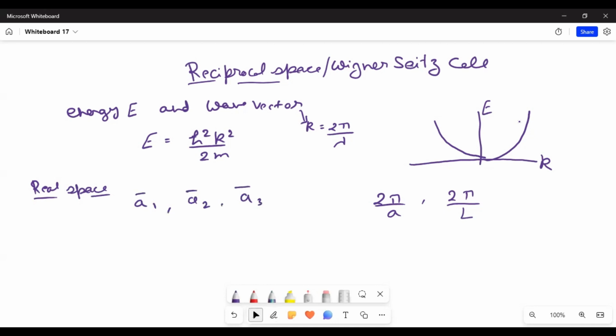Now we want to translate this into a reciprocal space, where they are described as reciprocal lattice vectors b1, b2, and b3.